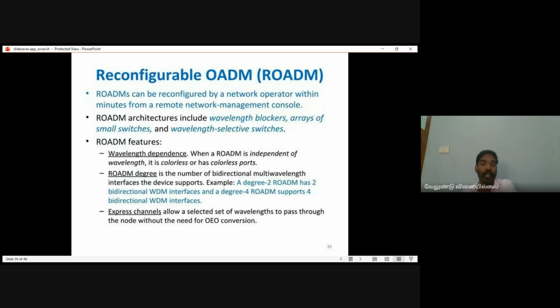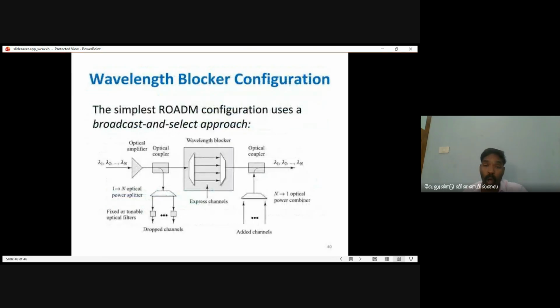So this is also one kind of architecture. The special feature is wavelength dependence. The ROADM degree is the number of bidirectional multi-wavelength interfaces and express channels. These are the features of ROADM, and the wavelength blocker configuration. Keep this also as a note. Slide number 40.